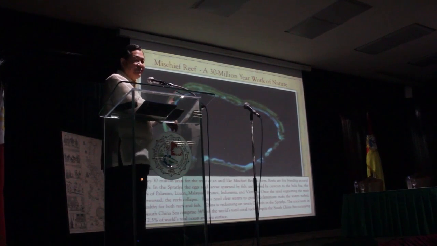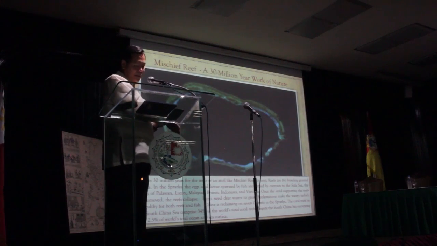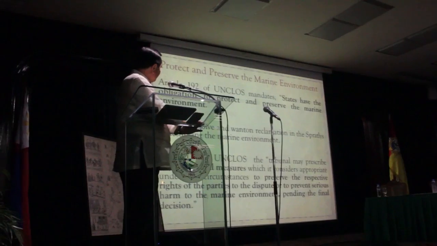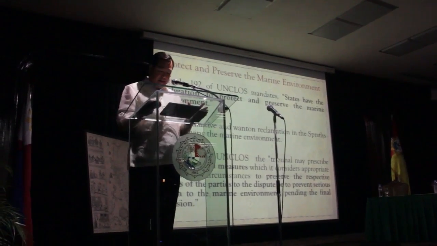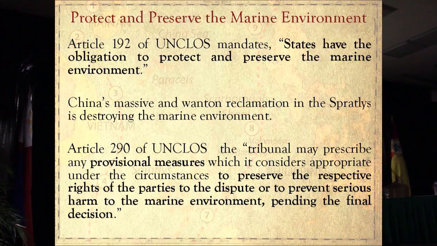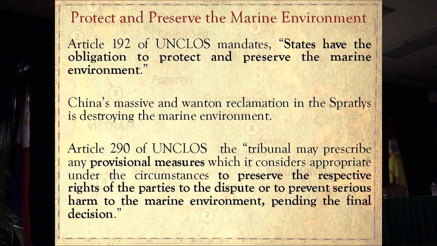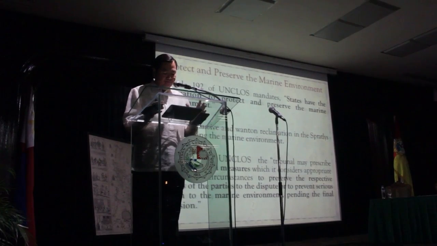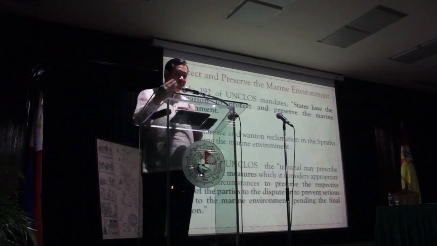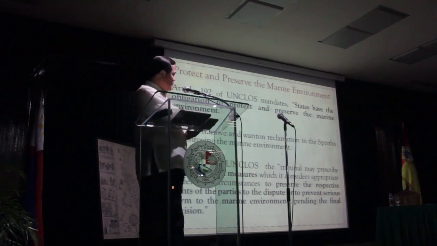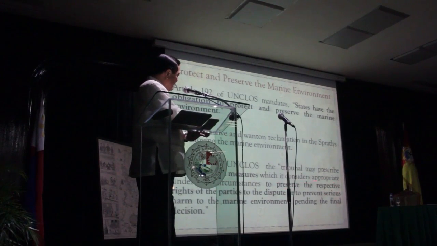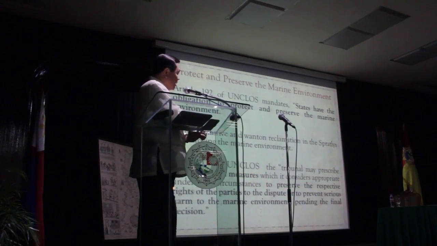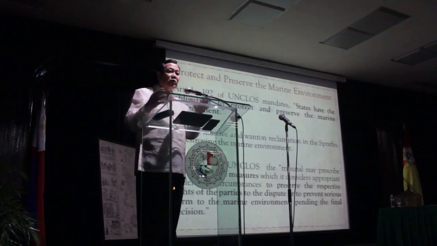China destroyed 7 huge reefs in less than 2 months. UNCLOS says states have the obligation to protect and preserve the marine environment. China's massive and wanton reclamation of the Spratlys destroyed the marine environment. So I have recommended that we should ask for provisional measures because, one, the reclamations of China are covering the low tide elevations.